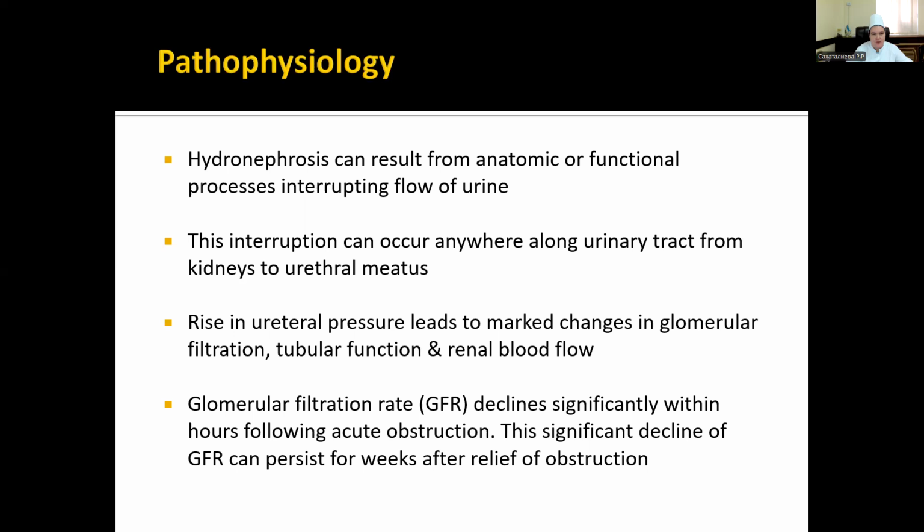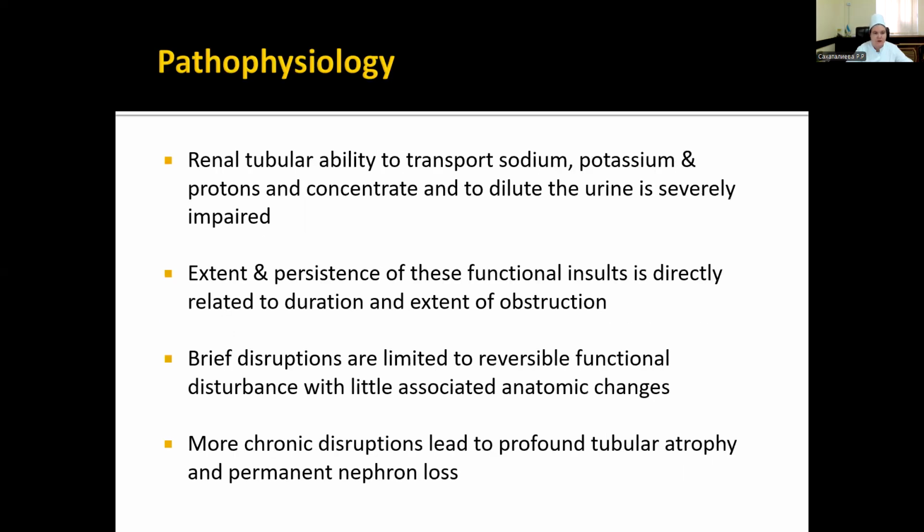This decline can persist for weeks after relief of obstruction. Renal tubular ability to transport sodium, potassium, and protons, to concentrate, and to dilute the urine is severely impaired. The extent and persistence of these functional insults is directly related to the duration and extent of obstruction.